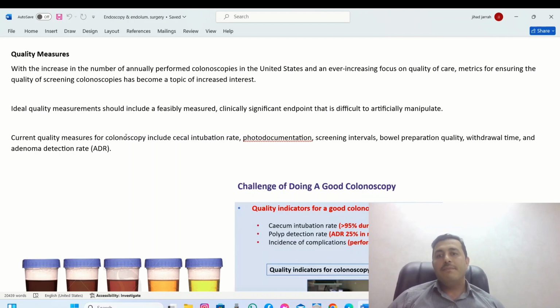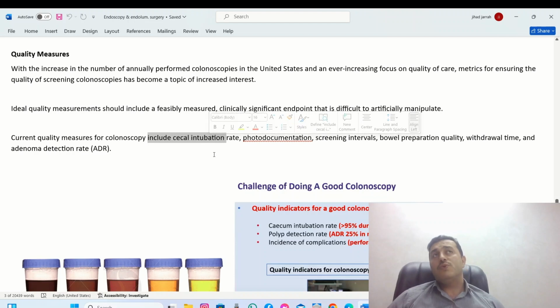Actually, we have many parameters such as the cecal intubation. But if you remember, we said that incomplete colonoscopy doesn't mean failed colonoscopy.